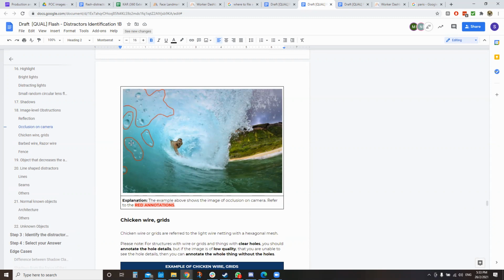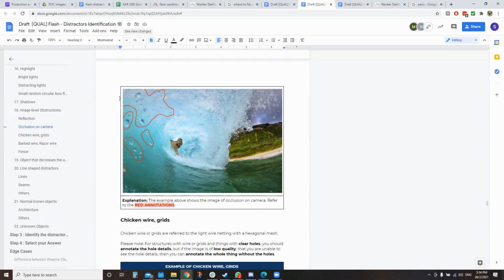If the dots are too small, you can actually annotate the whole thing like this. In terms of key points, if it's big dots, you can just put one key point and say the whole area, or you can put like 1, 2, 3, 4, 5 key points so that when the workers see it in the masking section, they will know that they need to annotate the whole section here.